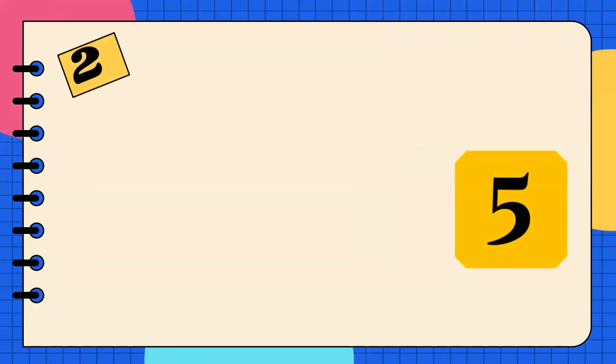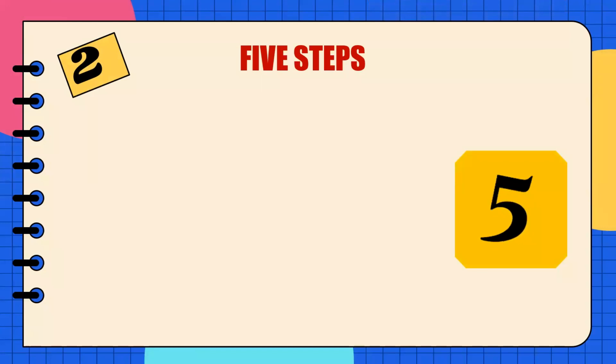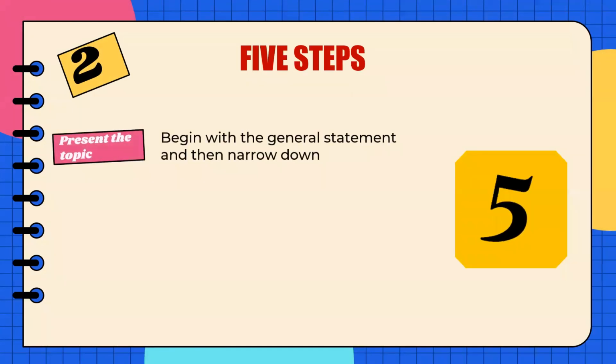So once you've understood the purpose, let us understand the 5 steps necessary to write the introduction. Once we have selected the topic for a report or a research paper, now we need to present the topic to the readers. Presenting the topic is necessary as the reader should be able to understand what the topic is about, and get a proper explanation about the topic.